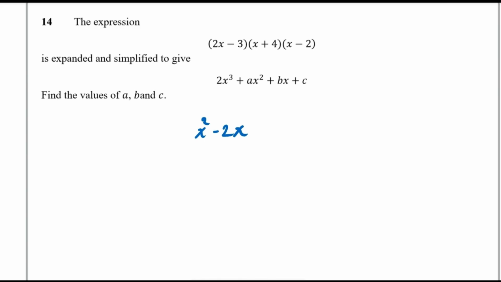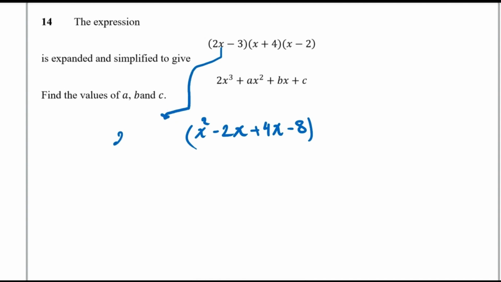And then go to the second term, which is this one, 4. 4 times x is 4x, and 4 times minus 2 is minus 8. Let's write this one. So plus 4x, and then 4 times minus 2 is minus 8. And all of this is multiplied by this bracket here.